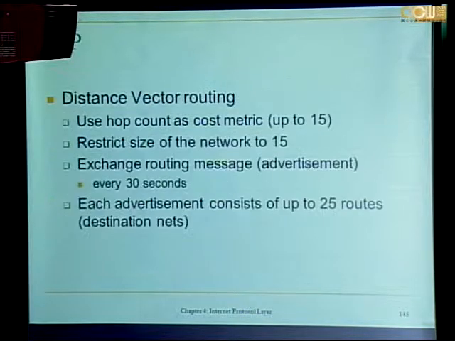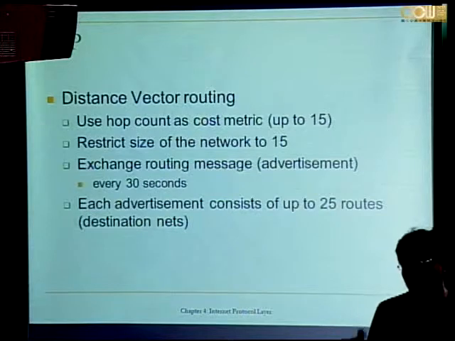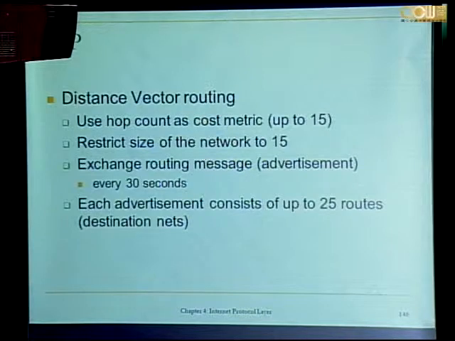It runs distance vector, and it uses hop count as the cost. The cost can be up to 15, meaning that within the domain, the network diameter is 15 at most. I should say the diameter, not the number of routers, but the diameter of the network.